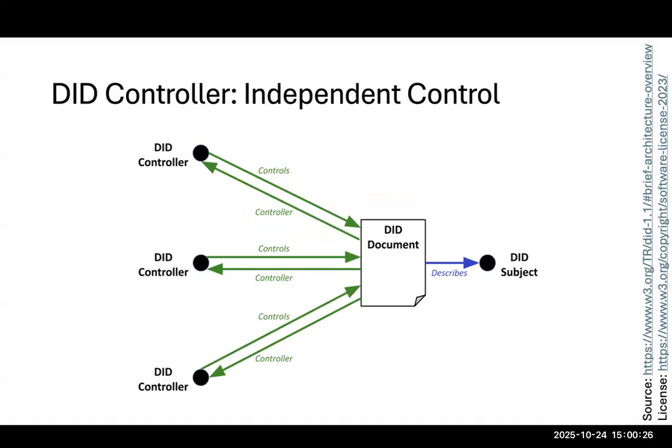The DID document, of course, always describes the DID subject with the properties. But in this specific case, there are several entities that must coordinate among themselves to control the DID document: generate it and update it.